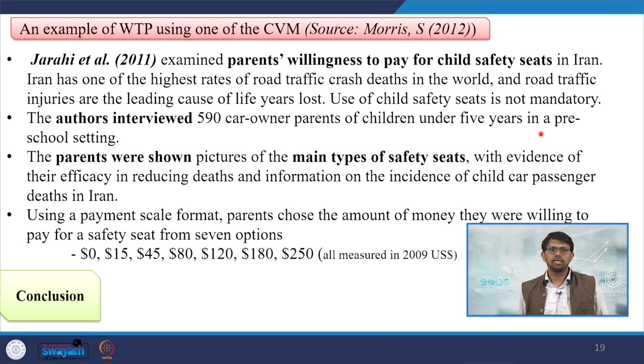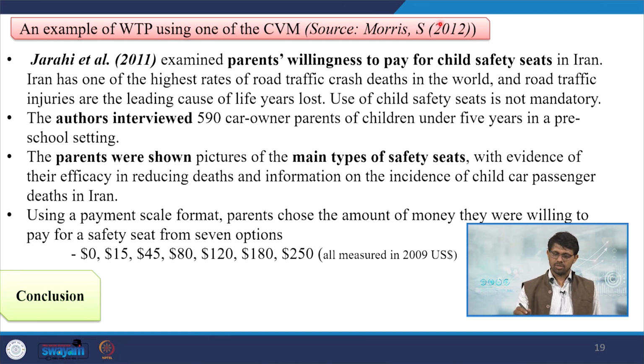Parents were shown pictures of the main types of safety seats, with evidence of their efficacy in reducing deaths and information on the incidence of child car passenger deaths in Iran. Using a payment scale format, parents chose the amount of money they were willing to pay at the time of the survey for the safety seat from 7 options, all measured in 2009 US dollars.